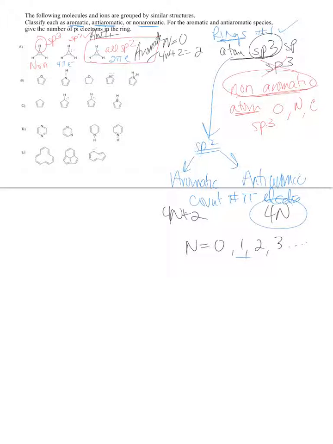Now, I like to put the lone pairs in there because it helps to count. So we have sp2, sp2, sp2. So they're all sp2. So you're looking at, is this aromatic or not? You count the pi electrons. Now, there's 2. There's 2. There's 2. And then if that center can contribute, that oxygen can contribute lone pairs to the pi system, it will.